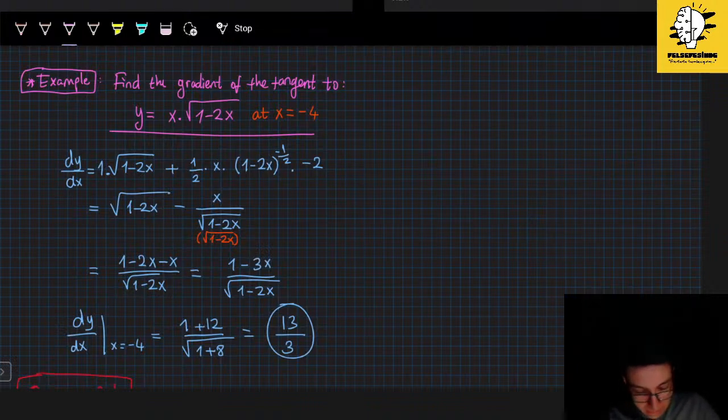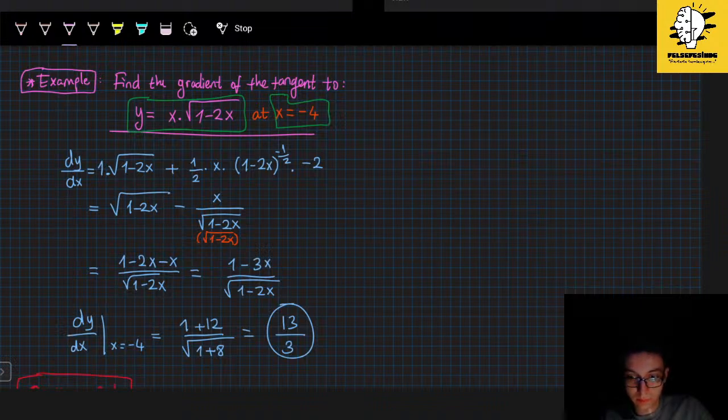Okay, it says find the gradient of the tangent. As you can see, this function is given, and the point is given, as I told you in the beginning of this video, at the point where x is equal to minus 4. We have to find the gradient function first.